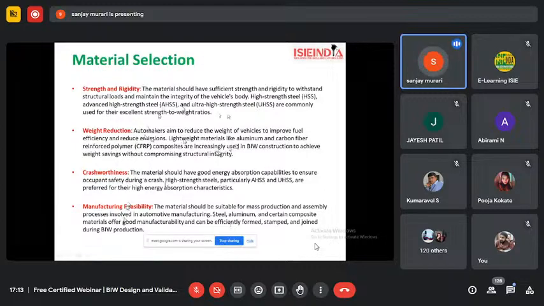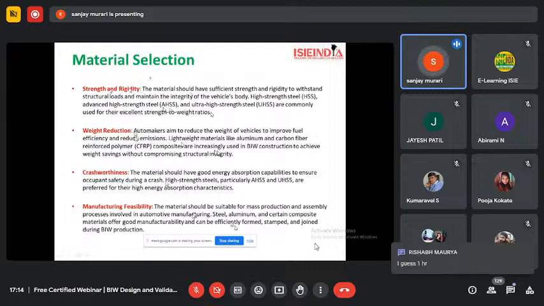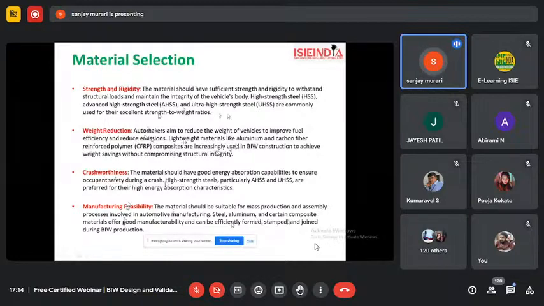So when we are selecting the materials, as I said now, steel and all. In BIW, connecting steel with each other is easy. Assembling steel parts with steel part is easy, directly we can weld. But welding with aluminum and the other composite materials is a bit difficult.